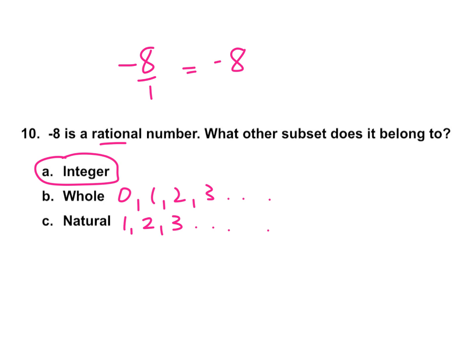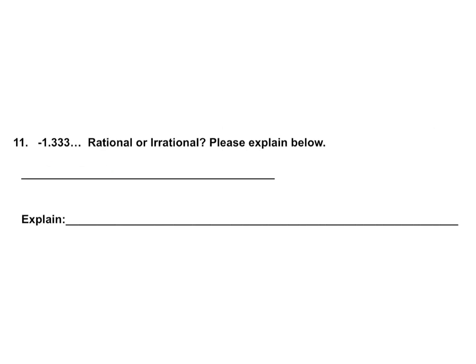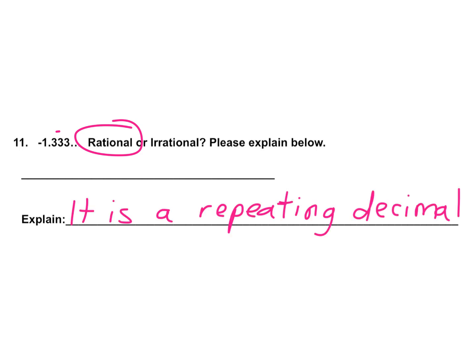And then integers go both positive and negative. Okay, number 11, negative 1.3, it's repeating. So if it repeats, it's rational, and then that would be our reason. It's rational because it's a decimal that repeats. Okay, so that explanation would suffice there.